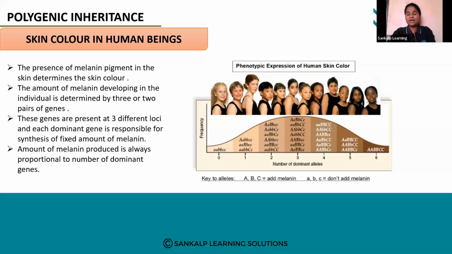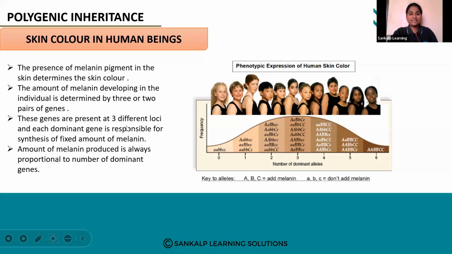The amount of melanin developing in the individual is determined by 3 or 2 pairs of genes. So how much melanin is produced in us is controlled by those genes.